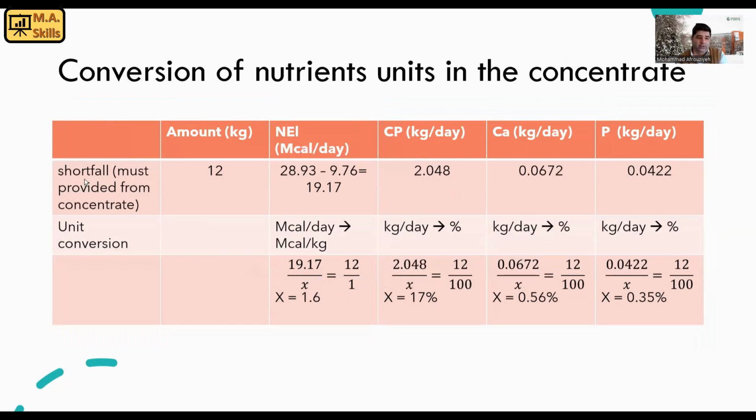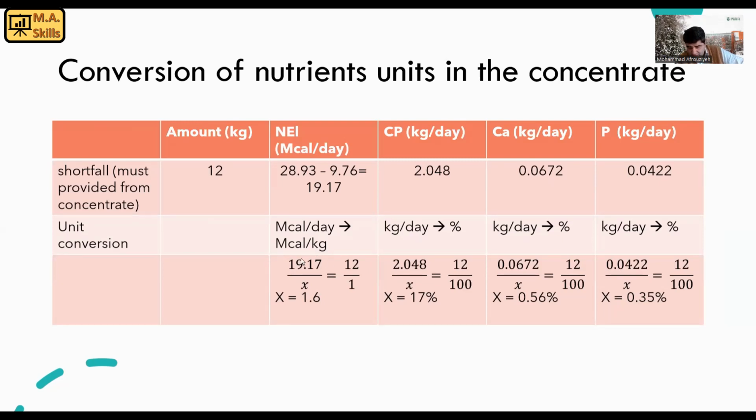So the shortfall for energy was 19.17, from here. It was based on megacalorie per day, and it should be provided, as I said, by feeding 12 kilos concentrate. So it's simple. We can just convert it to megacalorie per kilo. It means how much energy should 1 kilo of concentrate have?